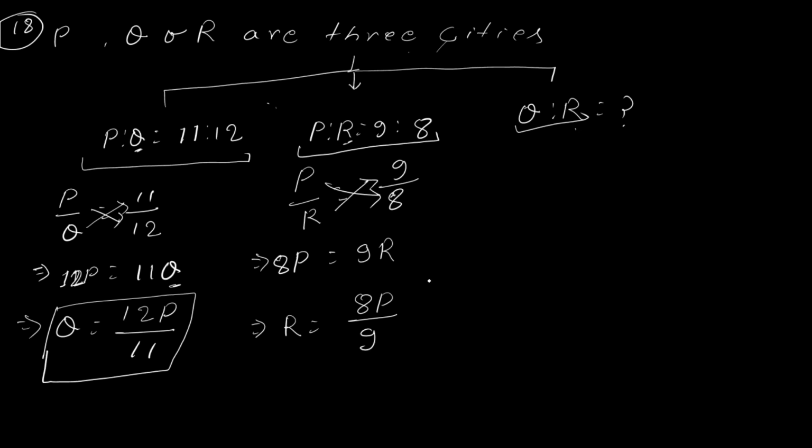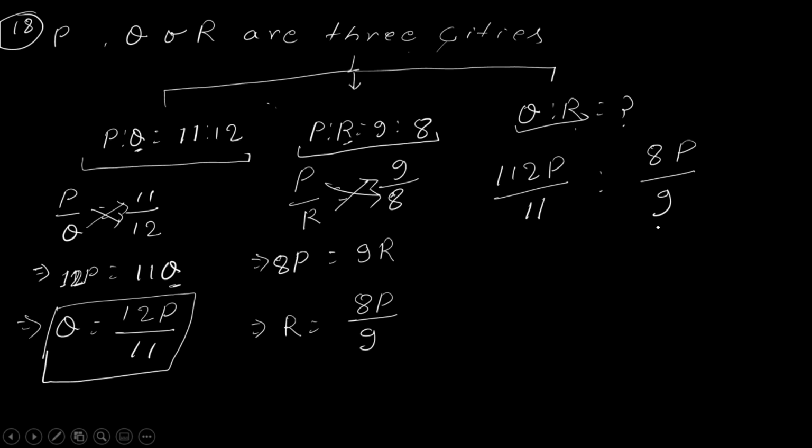Now you have Q, you have R. Here you see Q is to R. So Q you have is 12P divided by 11. R you have is 8P divided by 9.